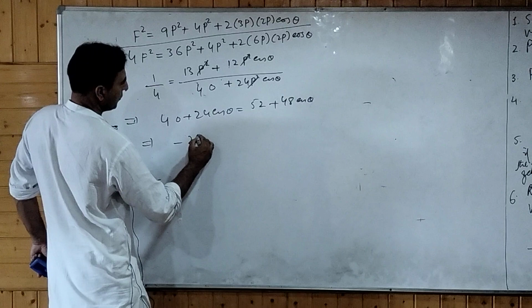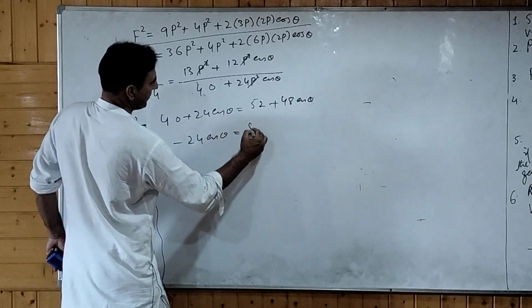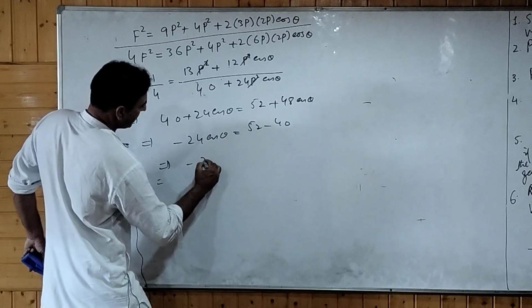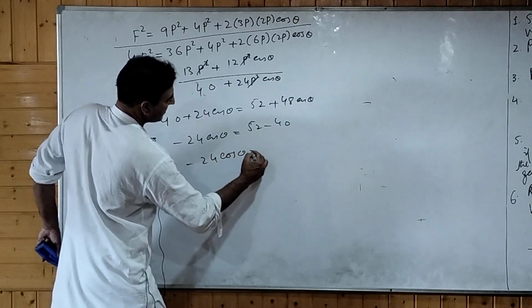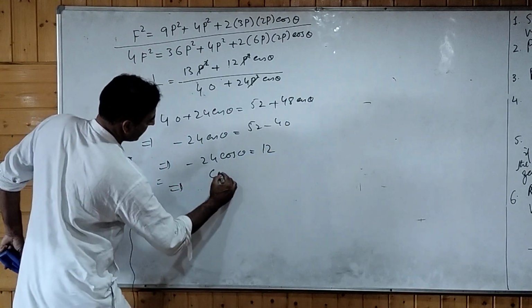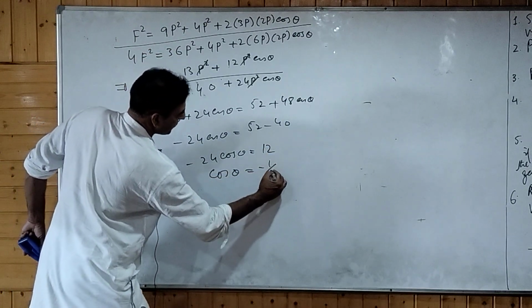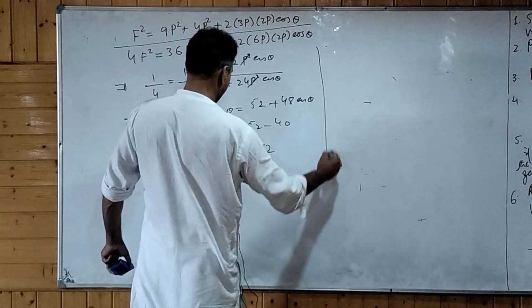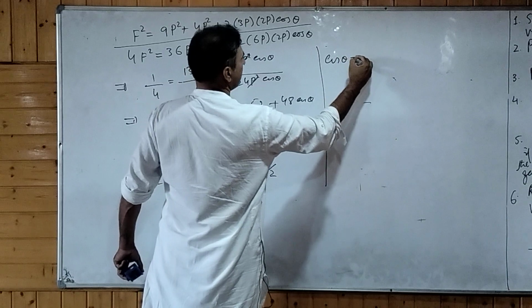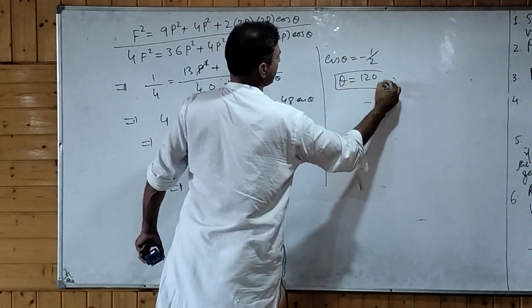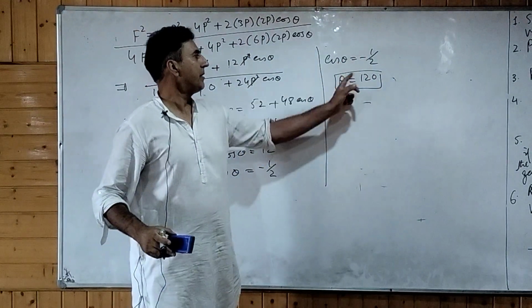It is minus 24 cos theta, and it's 52 minus 40. Minus 24 cos theta is equal to 12 here, so cos theta is equal to minus 1 by 2. So cos theta minus 1 by 2 means theta is 120 degrees, that you must know, because when cos theta is minus 1 by 2, theta has to be 120 degrees.